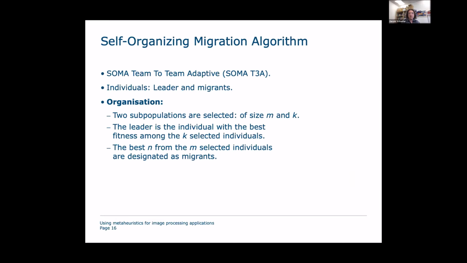So we had a couple of papers at GECCO, the main conference for genetic algorithms and those kinds of things. And one was on using a technique that's called SOMA, which stands for self-organizing migration algorithm. That's a technique developed by Ivan Zelinka from the Czech Republic and his colleagues.